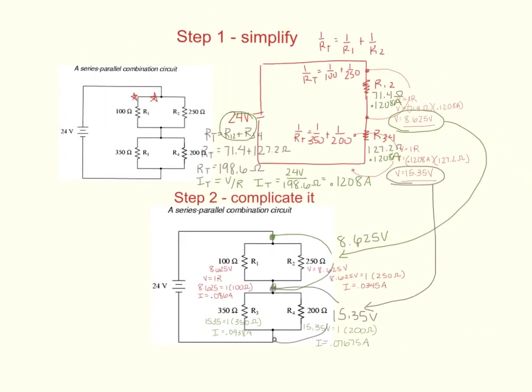What's happening in this original situation where you have these two in parallel, these two in parallel, and this in series, you simplify it down to just having two things in series. You can solve for information and carry over some of that information to what we have when we make it complicated again. I hope this helps going through another example problem.